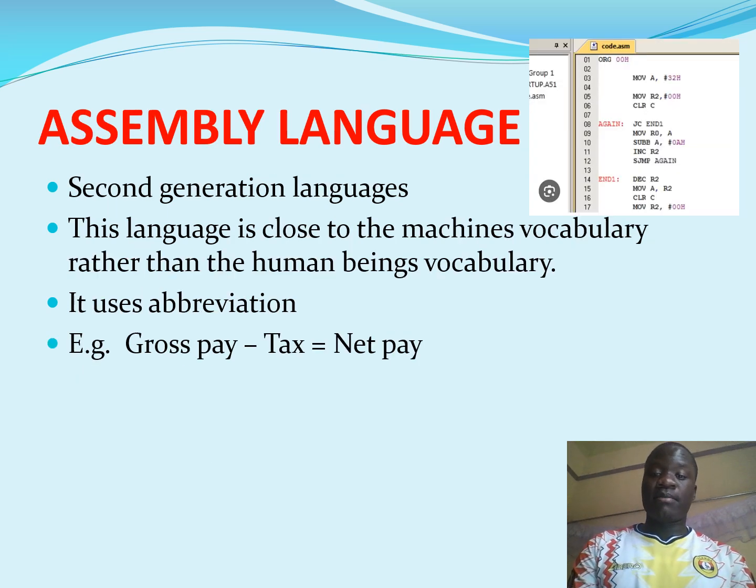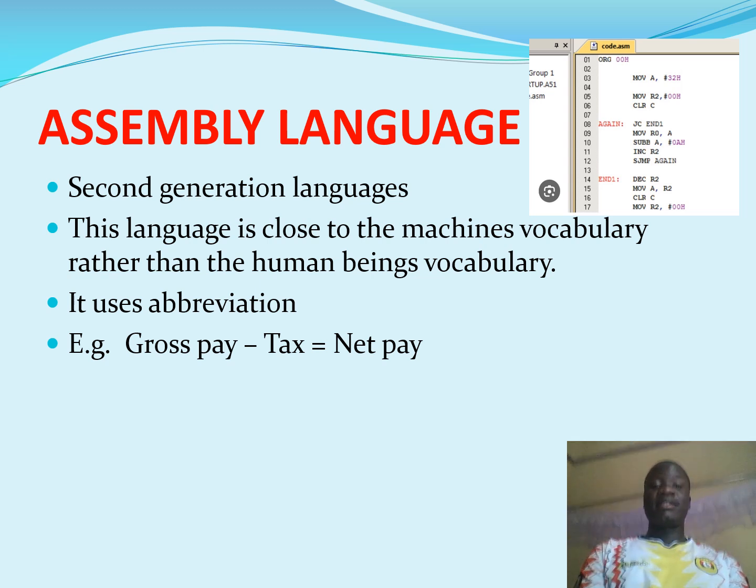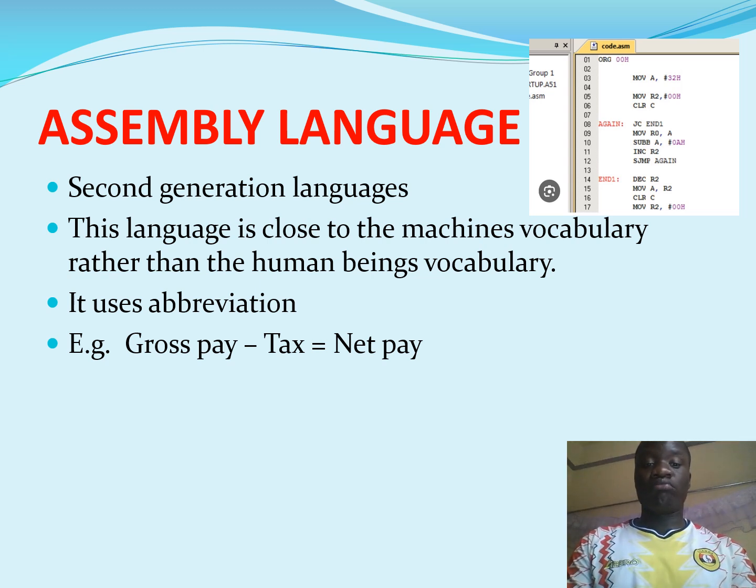Let us talk about assembly language. Assembly language was a second generation language, and this language is close to machine vocabulary rather than the human being's vocabulary, and also it uses abbreviations.